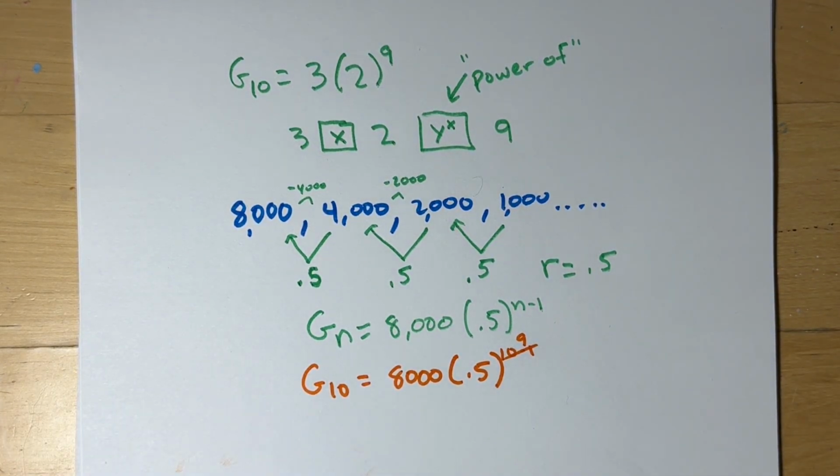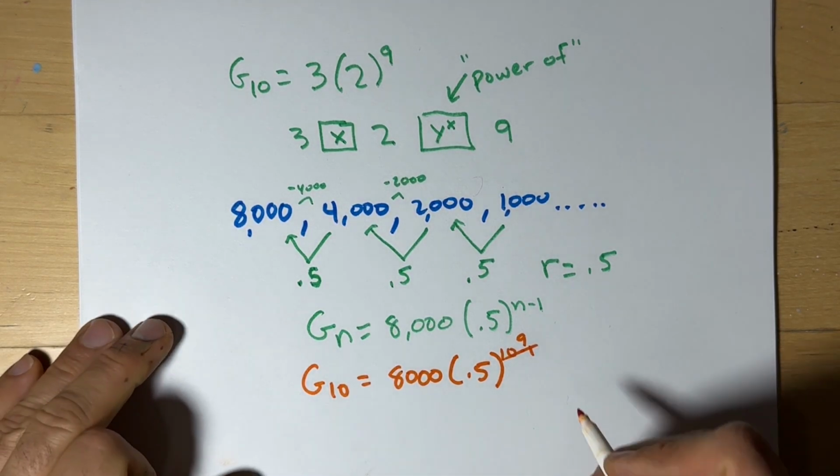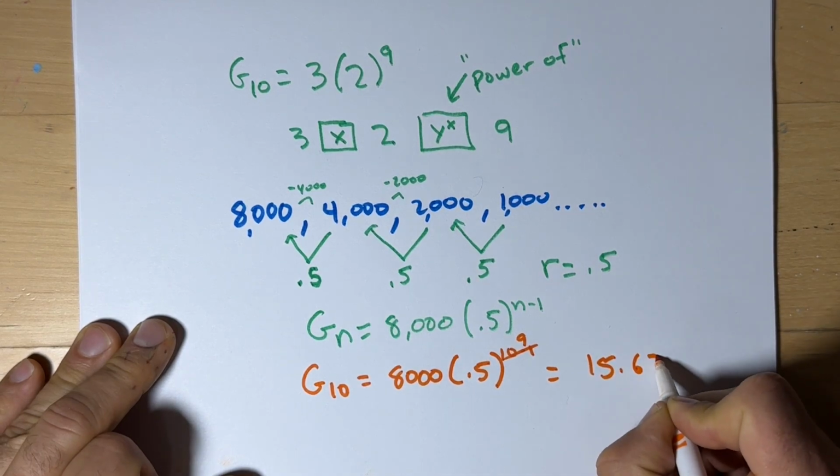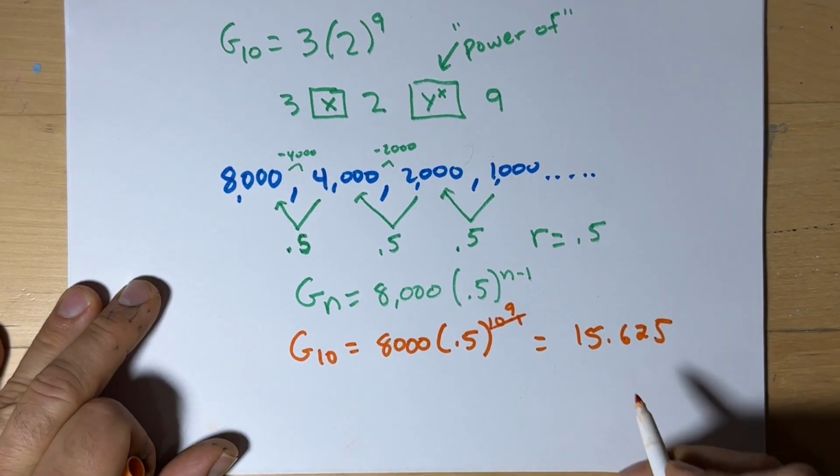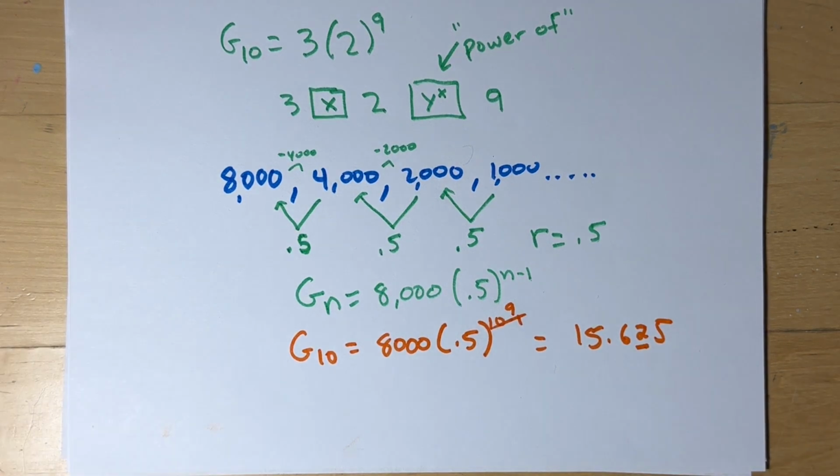So let's enter that. 8,000 times 0.5 to the power of button 9. And we get 15.625. If we round it to the 100th place, we would get 15.63. So geometric and arithmetic sequences are important formulas that we'll be using in this chapter.